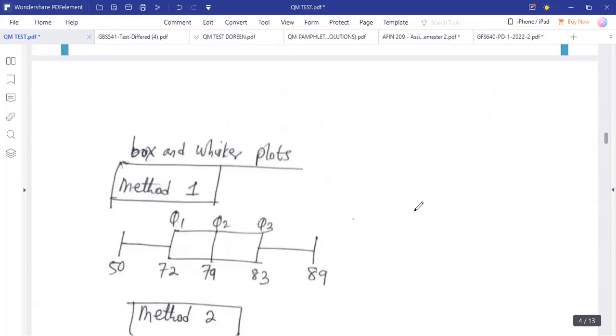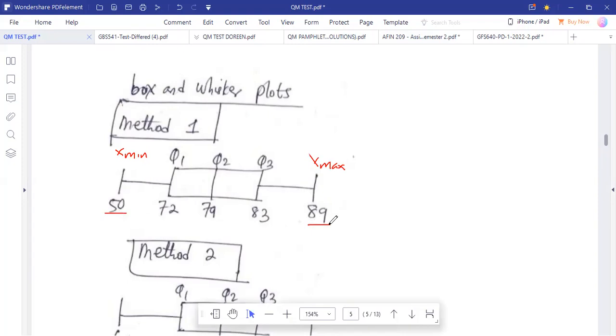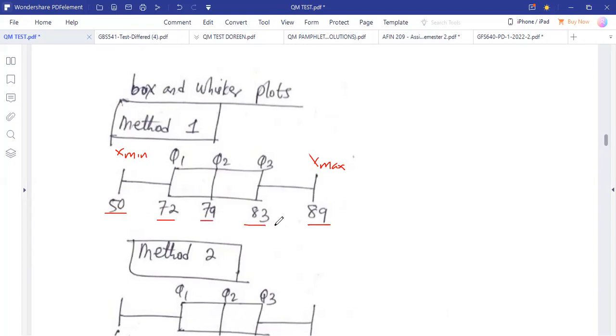So the box-and-whisker plot has 6 important parameters. Number 1, the minimum value of x. Number 2, the maximum value of x. So in the first method, the minimum value was 50 and the maximum value was 89. And the lower quartile was 72, the median 79 and the upper quartile 83.